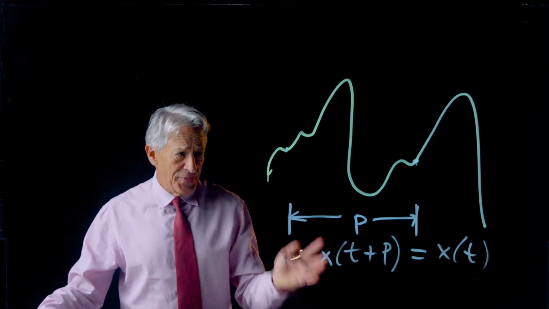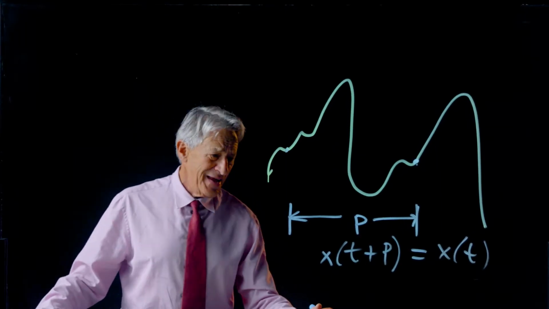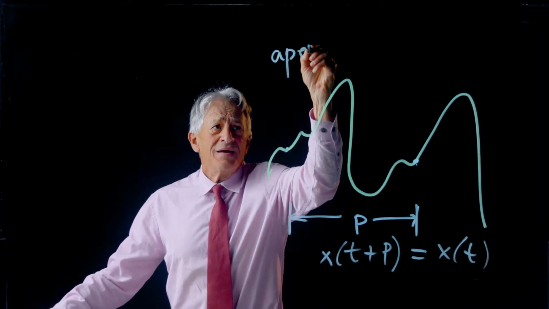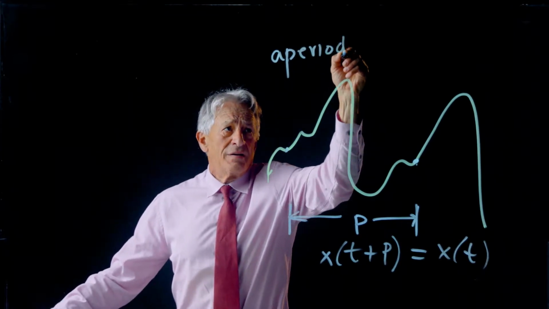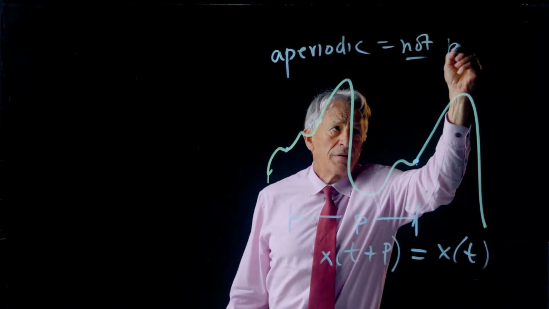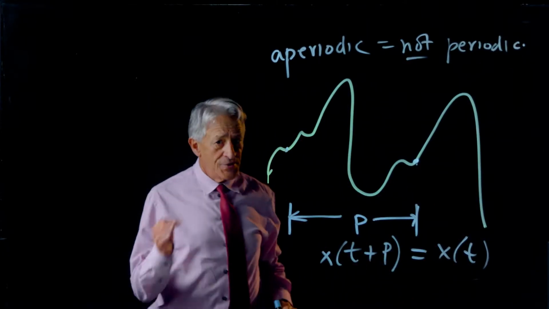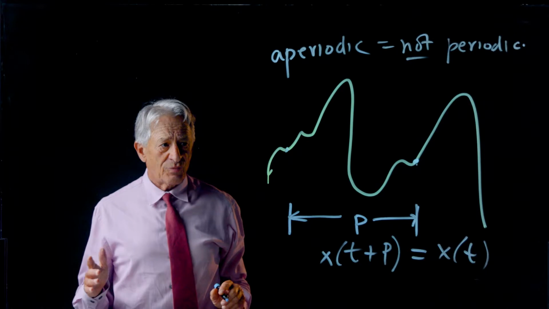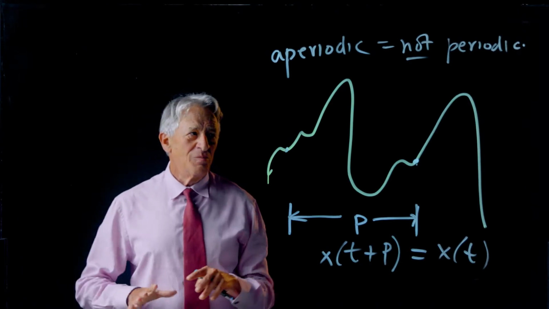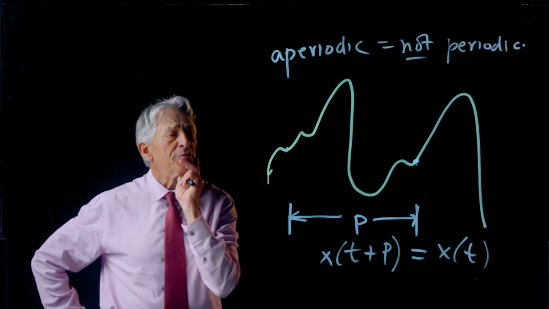So the first thing we have to observe about this behavior is that it is aperiodic. That is, not periodic. So it's not an oscillation. It's a sort of kind of oscillation, but it's not really an oscillation from the mathematical point of view.